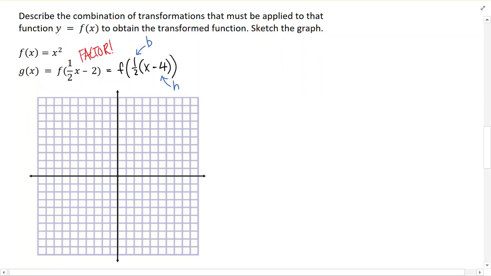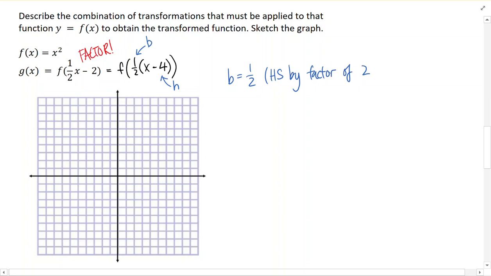So let's first start by describing our transformations. So we have b, which is half. Now with horizontal stretches, we always need to deal with the reciprocal when we're actually talking about the transformation. So this is actually a horizontal stretch by a factor of 2.